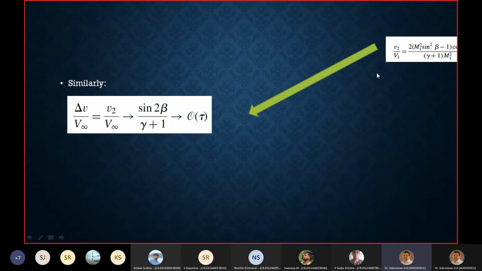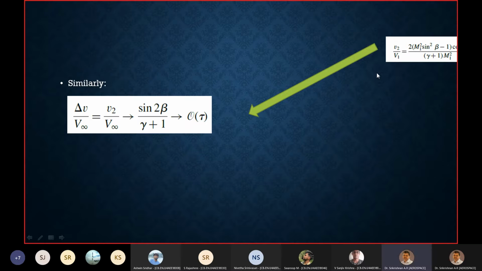Remember, V2, the small v2, is the component along the y-axis, and V1 is the mainstream velocity. So V2 by V1 can be expressed in terms of the mainstream Mach number M1 and the shock angle beta. That boils down to sine 2 beta by gamma plus 1 when M1 squared tends to infinity.